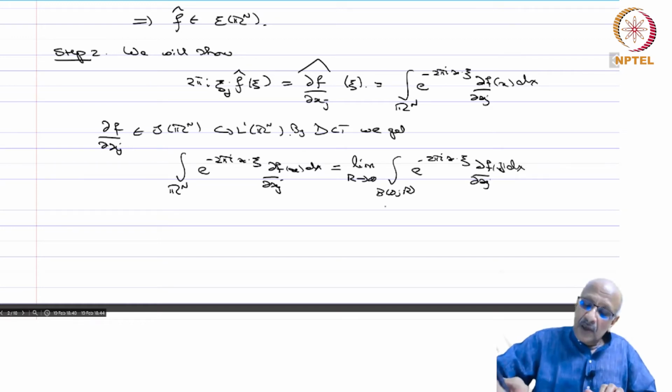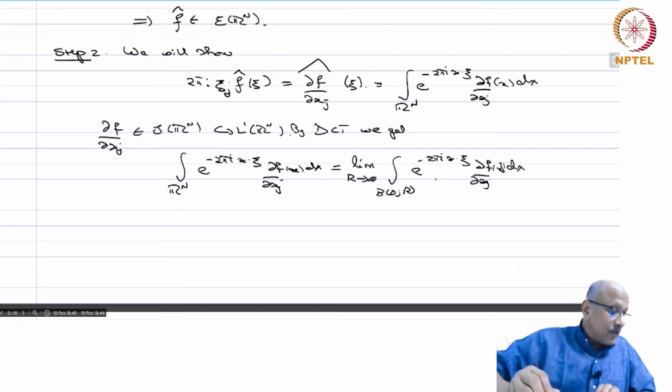Okay, because you think of this function as the integral over Rn with the characteristic function of this ball multiplied here, then pointwise it converges, and it is bounded by an integrable function. So by the dominated convergence theorem you get this.